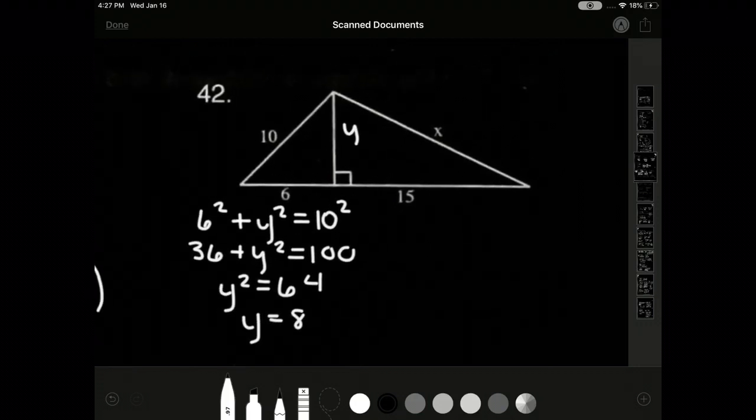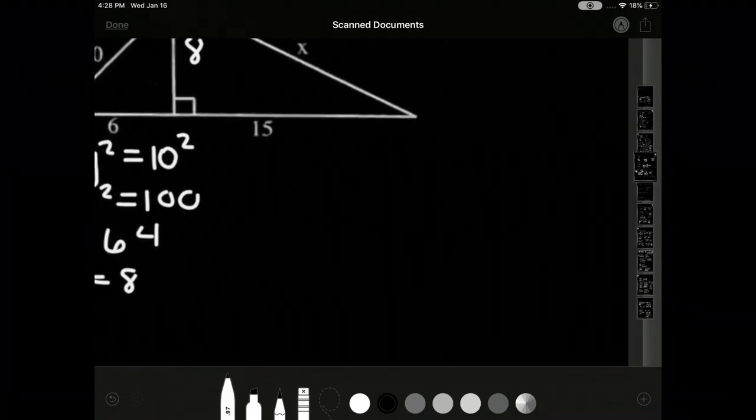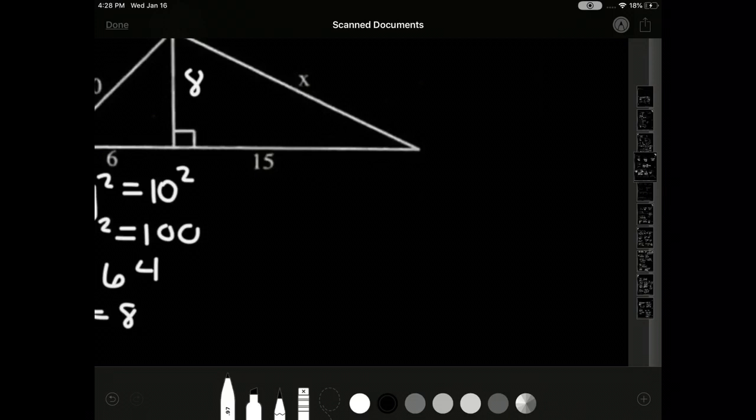So that is going to go up here in place of y. And now I can ignore the left side of the triangle and move on to the right side. And here, we can take 8 squared plus 15 squared equals x squared.